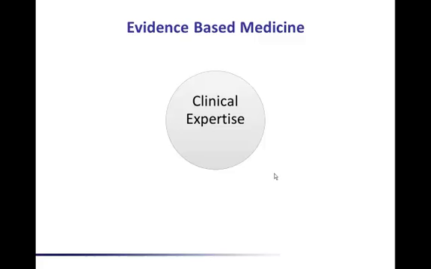But if we took that clinical expertise and validated it based on research evidence, we may find most of it, or many of them, may be out of date, may be wrong, or sometimes invalid.